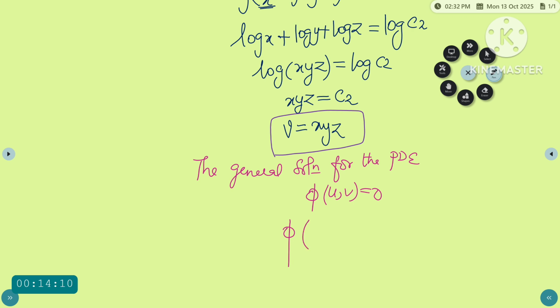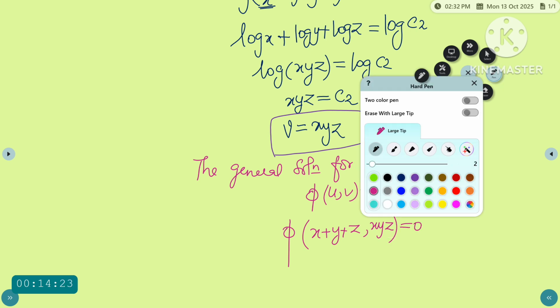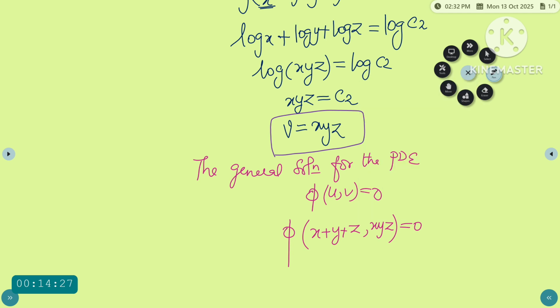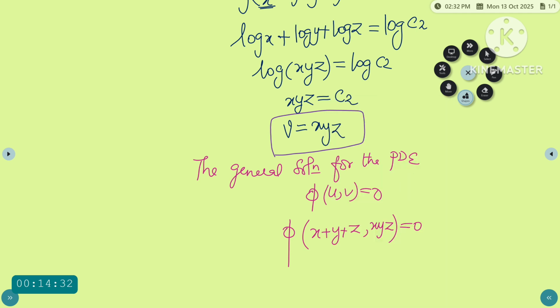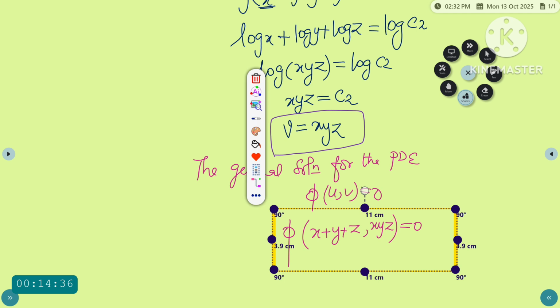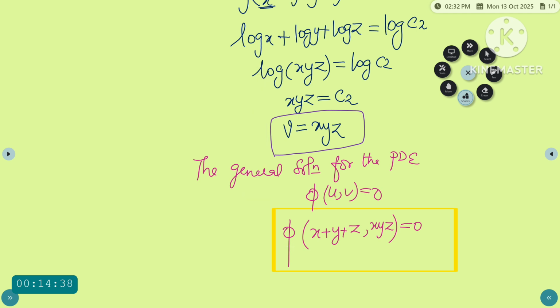Here u is x plus y plus z, and our v is xyz. So phi of (x plus y plus z, xyz) equal to 0. This is our general solution for the given problem.